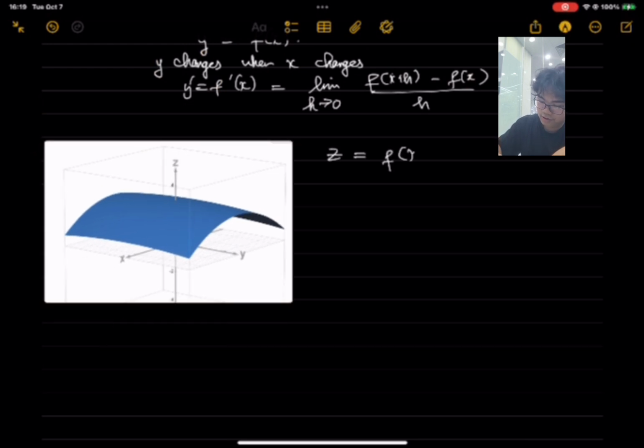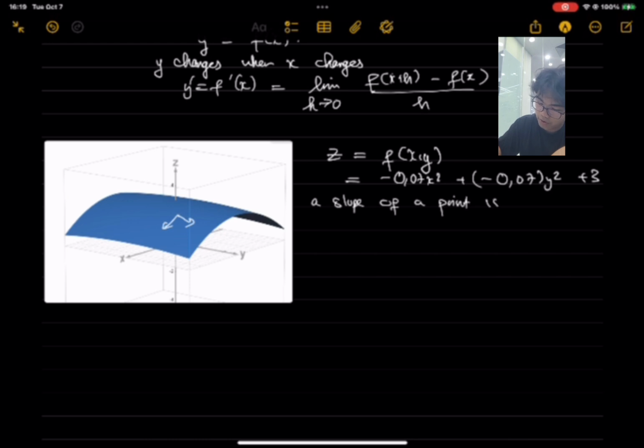So this is a function z equals f of x and y, which depends on 2 variables, and this is equal to minus 0.07 x squared minus 0.07 y squared plus 3. Now that we look into this problem, we see that the slope at a point depends on 2 directions.